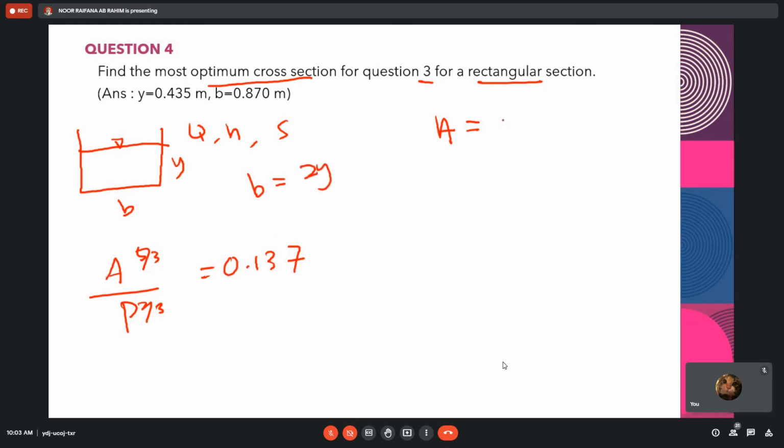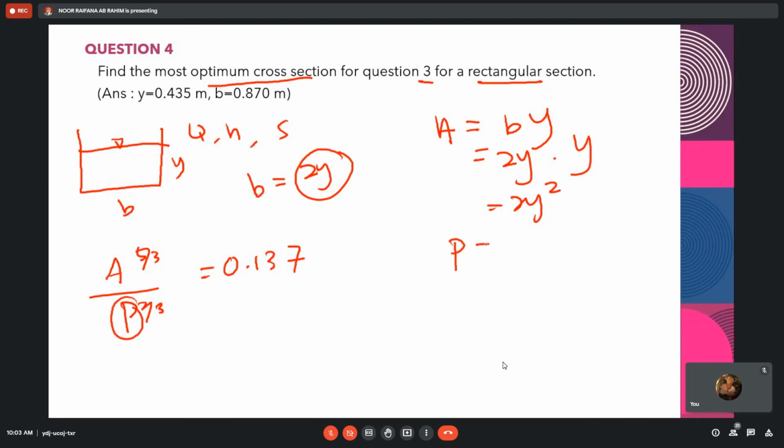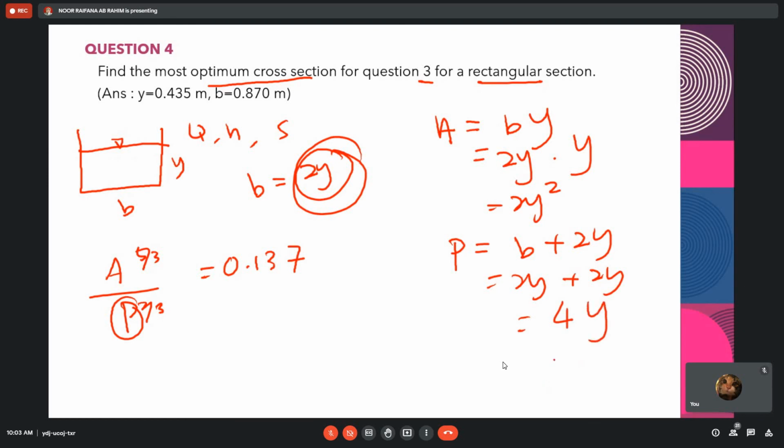So area kita tahu B times Y. Jadi B adalah 2Y kali dengan Y. So dapatlah 2Y square. Okay, so untuk P dia pula ni, P kita tahu B plus 2Y. So B sekali lagi sama dengan 2Y plus 2Y. So kita dapat 4Y.